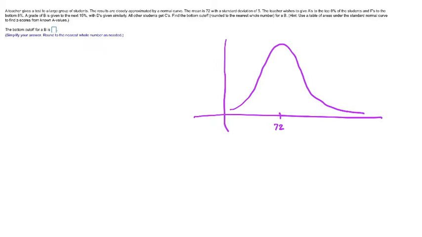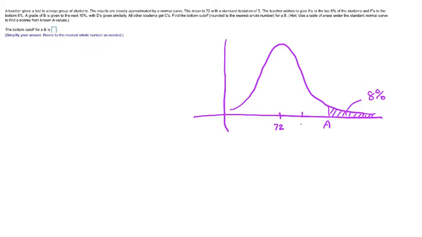Now, what the teacher wishes to do is to divide up this entire range so that the top 8% of students, so here we have the bottom of the A range, the area for that top 8%. So we have 8% in that area.